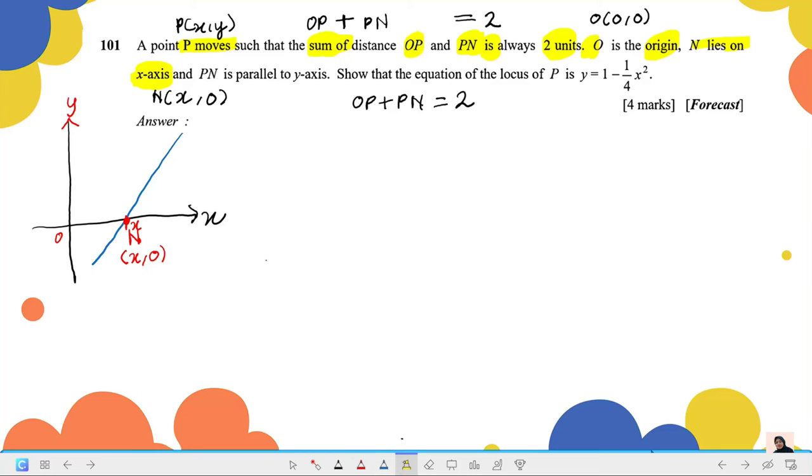Next, PN is parallel to the y-axis. Maybe P is here.